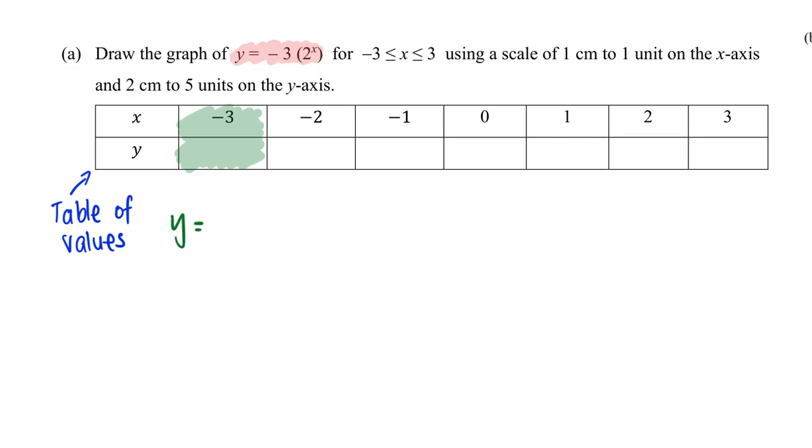When I key into the calculator, I make sure that I key in carefully as what I see here, okay? And from here, you should get negative 0.375, okay?